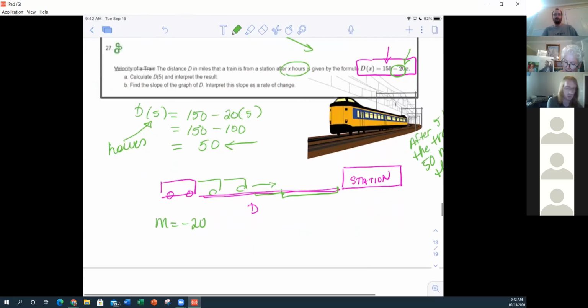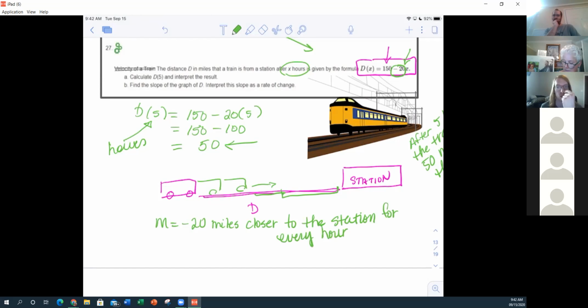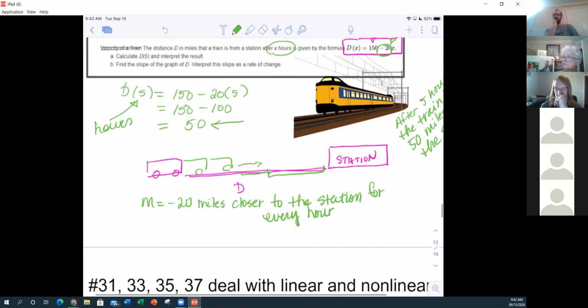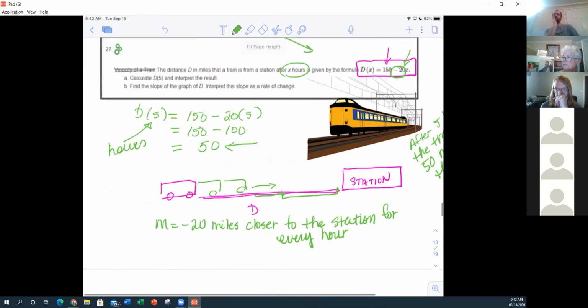And what does that represent? The units on the slope should be miles per hour.